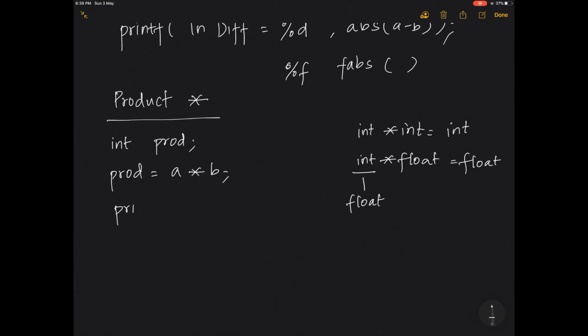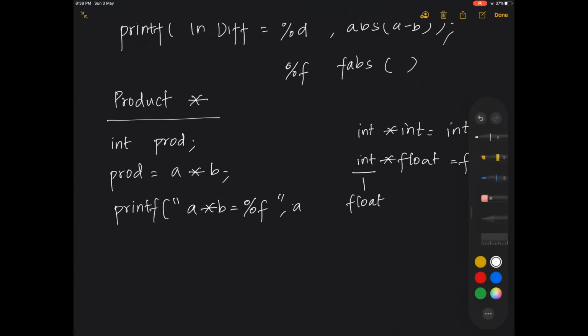And you can go ahead and display printf a asterisk b is equal to percentage d, and print the variable prod. So I'll print this prod over here.